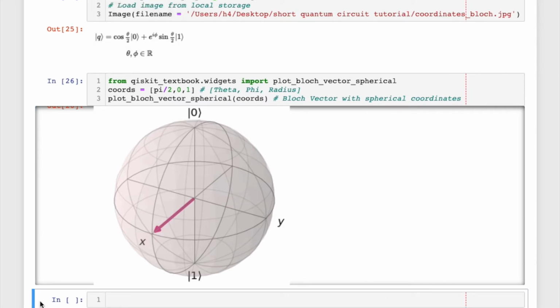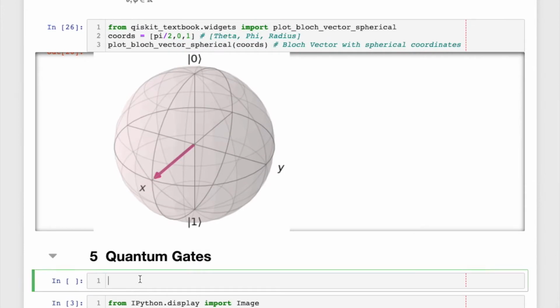So there are certain gates that are interesting for our circuit. Quantum gates are interesting for our matter today.